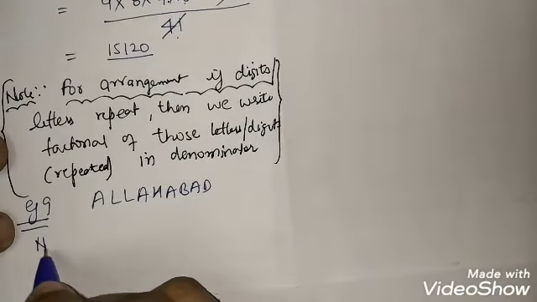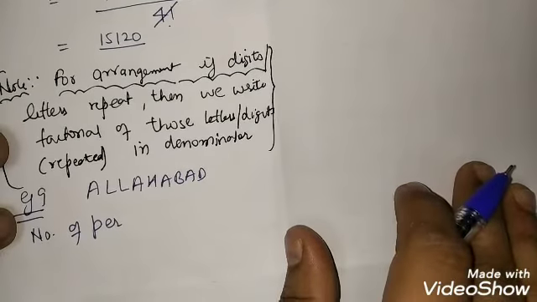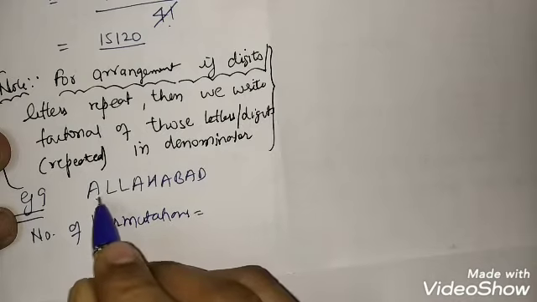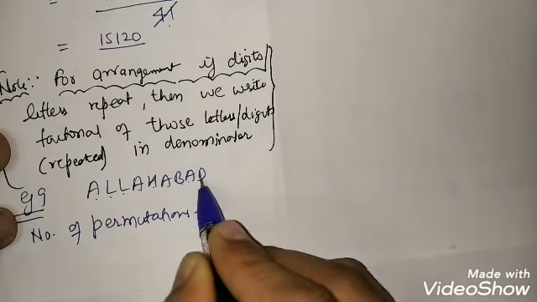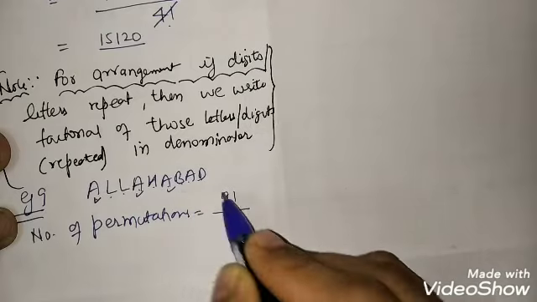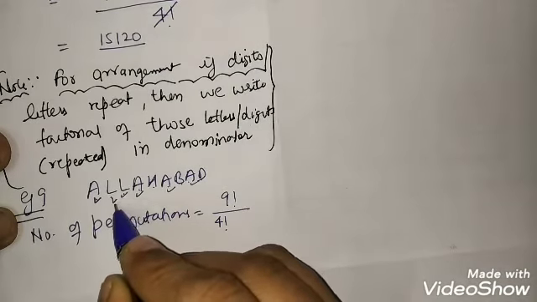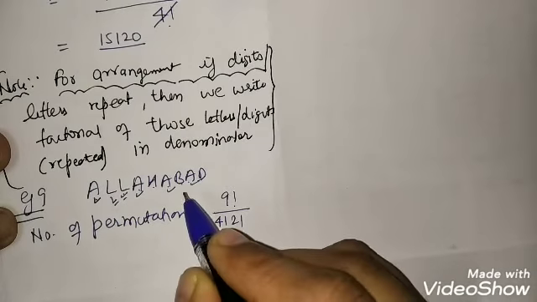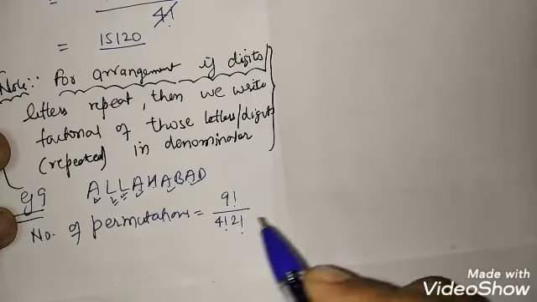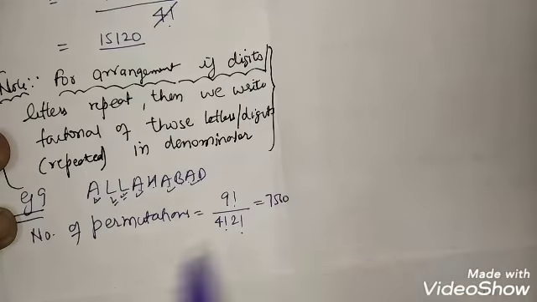See, the number of permutations is equal to 9 letters: 1 2 3 4 5 6 7 8 9. This is 9 factorial upon, A is repeating 4 times, L is repeating 2 times, and nothing else is repeated. That's it. So on calculating this, you'll get 7560 as the answer.